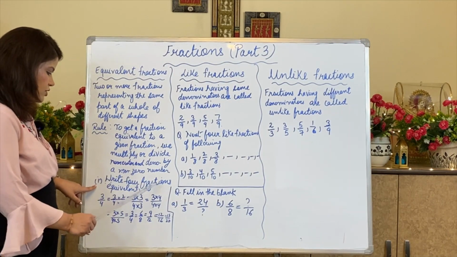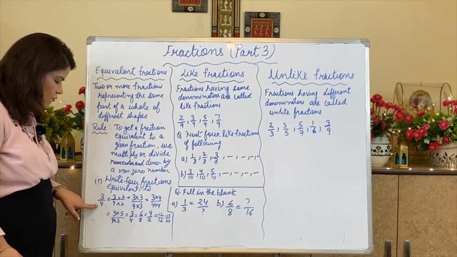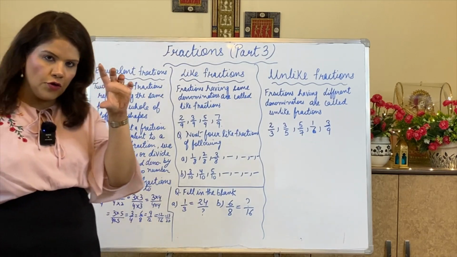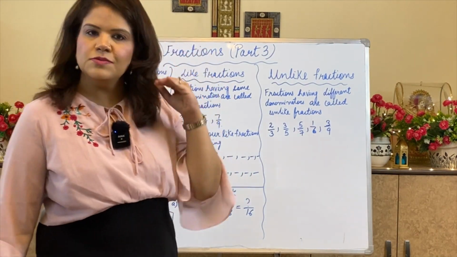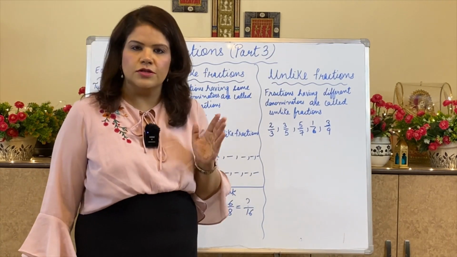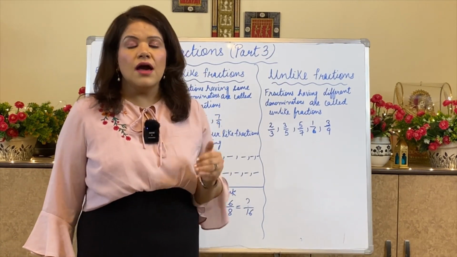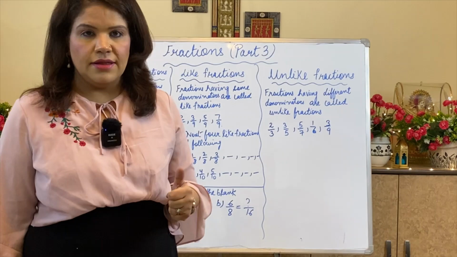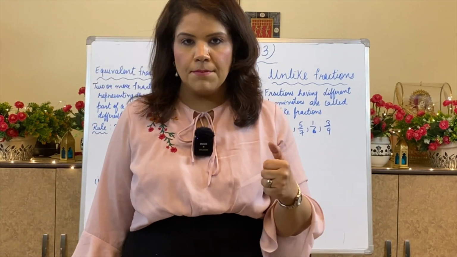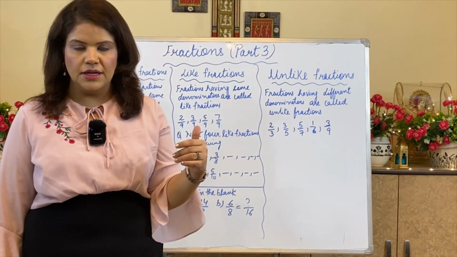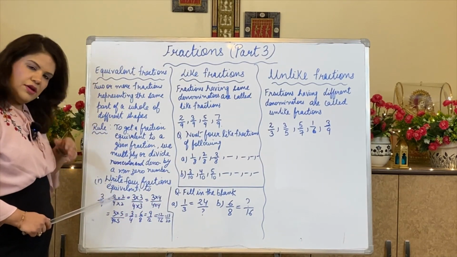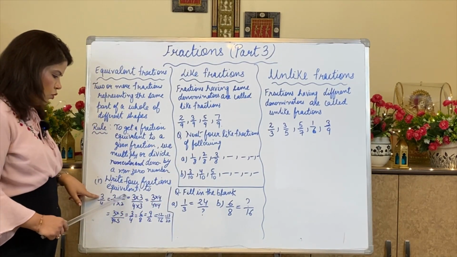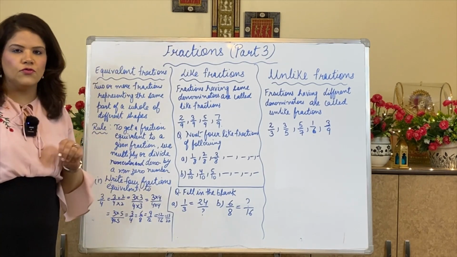Write 4 fractions equivalent to 3 by 4. Now 3 by 4 is the simplest. You are getting it? Simplest means that it cannot be simplified further. Now I have to multiply the numerator and denominator with the same number. The next 4 numbers will be 2, 3, 4, 5.